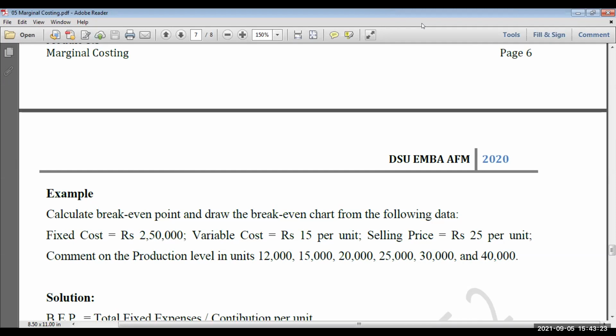That is only to be sold to reach a profit of 2 lakhs. So this is how you have to calculate the number of units to be sold. Any doubt in this break-even concept, break-even point, costing? No, sir.